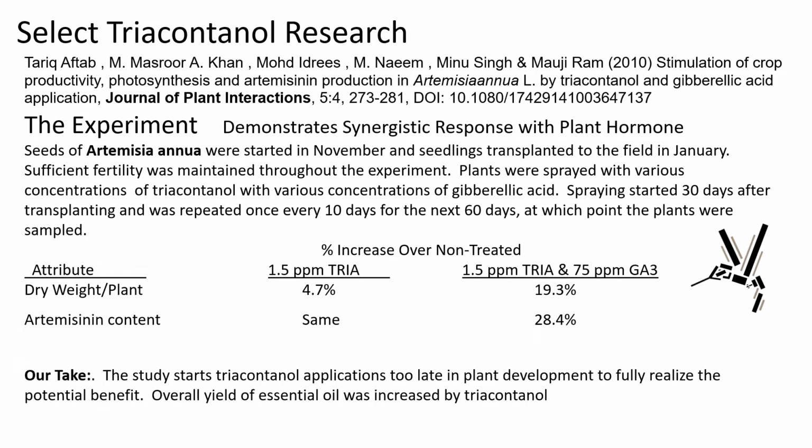They only saw a mild improvement in plant dry weight, but a much more significant increase in yield of both plant dry weight and the terpene artemisinin, which is the desired component of the essential oil, when gibberellic acid was combined at 75 parts per million with triacontanol at 1.5 parts per million.